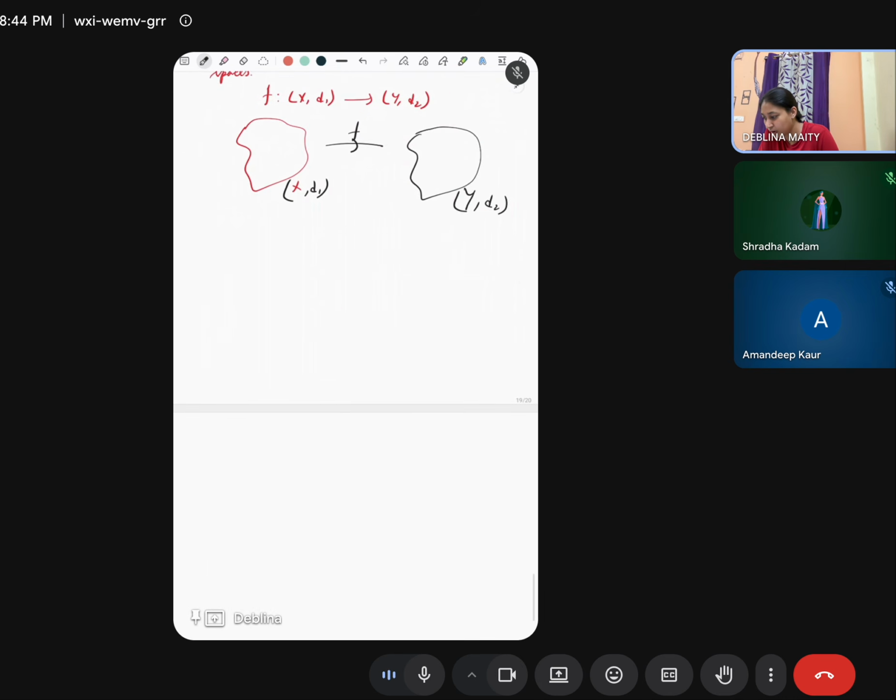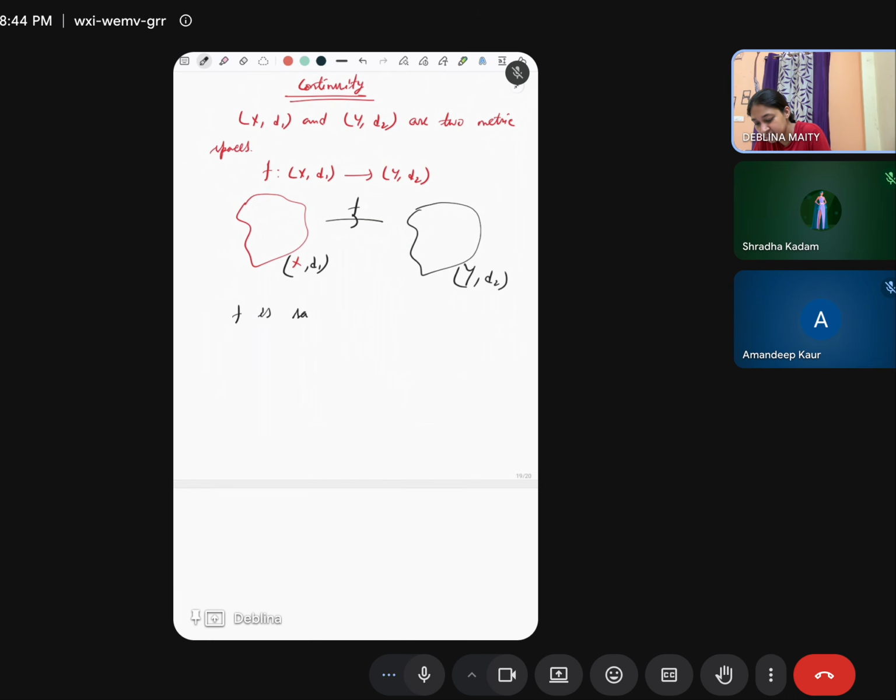Now we say that f is continuous at some point a belonging to X if, the definition being the same as in real analysis, given epsilon greater than 0, there exists delta greater than 0 such that whenever the distance between a and x is less than delta, it will imply the distance between f(a) and f(x) is less than epsilon, right?